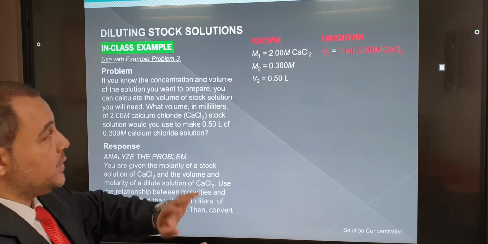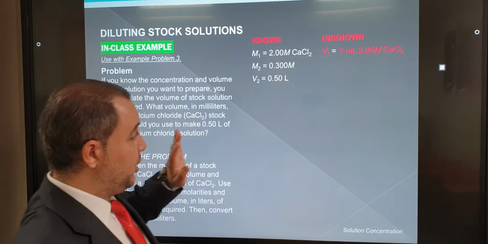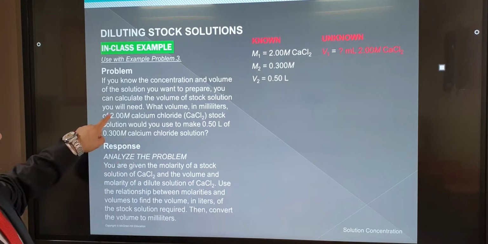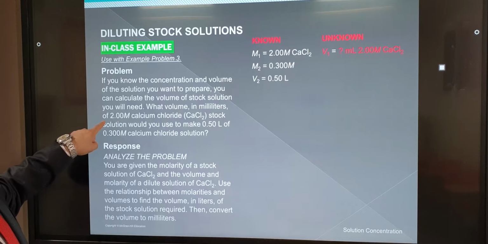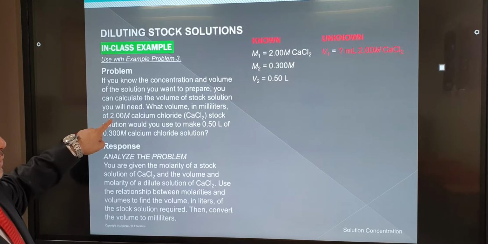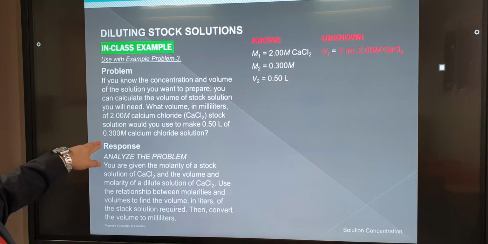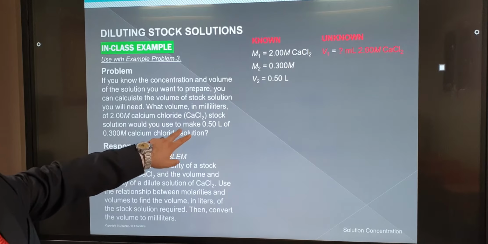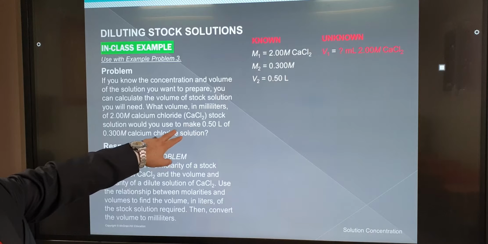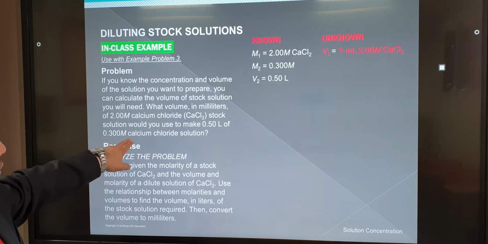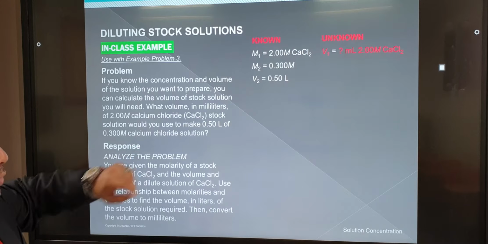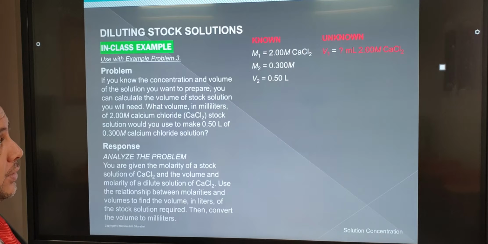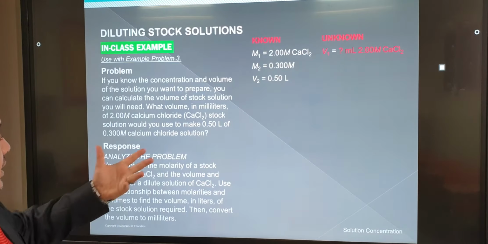Now, first M1, the molarity of CaCl2, is 2 moles. And M2, the molarity of the dilute calcium chloride, equals 0.3 moles. So M1 equals 2, M2 equals 0.3.